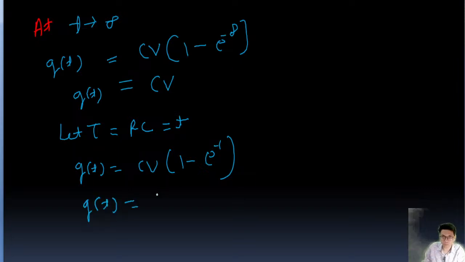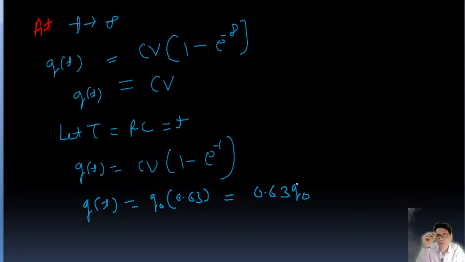If we solve it, we can write CV as q0, and this value is 0.63, so this is going to be 0.63 q0. So q value is 0.63 q0 if RC equal to t.